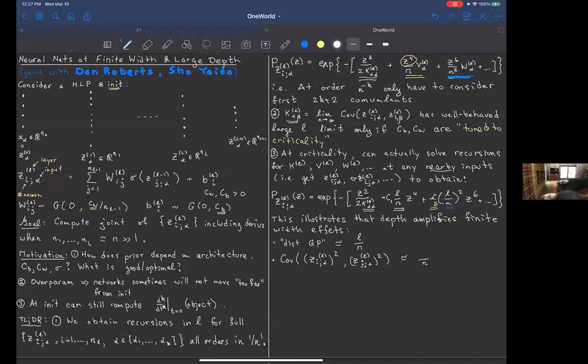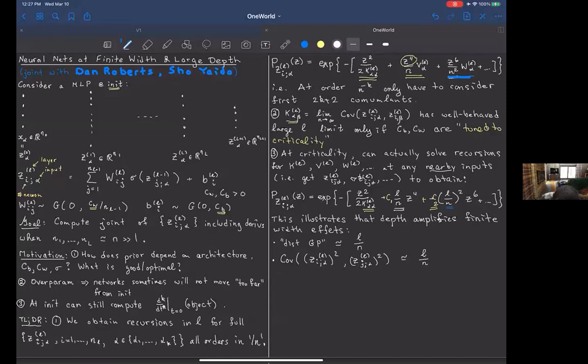But actually what I'm saying is this goes to 0 like L over n. So you should think that deeper networks have a bias towards correlating the neurons in deeper layers. They're by default going to be more correlated the deeper they are into the network. That's not totally crazy because they share more and more prehistory of the previous things that they've computed.